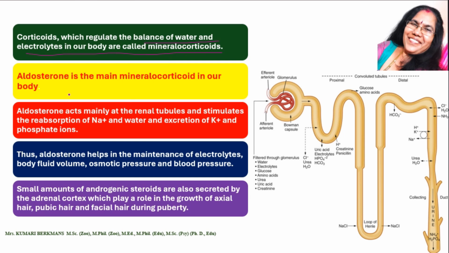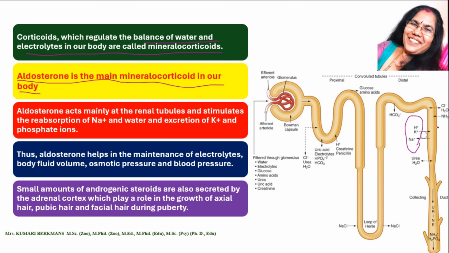Aldosterone is the main mineralocorticoid in our body. So make a note, which hormone? Aldosterone. Aldosterone is the main mineralocorticoid. What it does is, for example, sodium as well as potassium will be reabsorbed by the renal tubule. Potassium as well as sodium ions are very important.